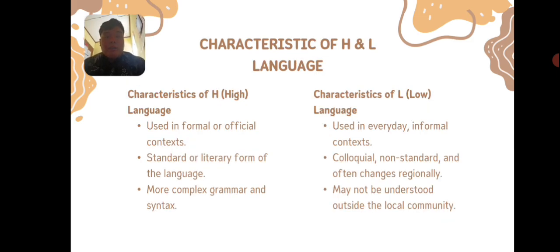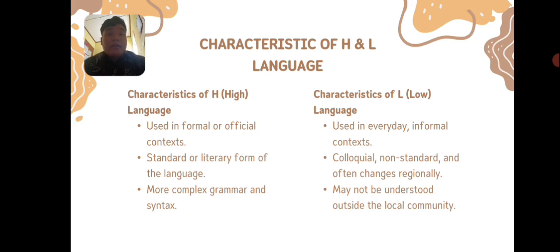And there are the characteristics of H and L language. The characteristics of H or high language: first, it is used in formal or official contexts. Second, it is a standard or literary form of the language. The third is more complex grammar and syntax.